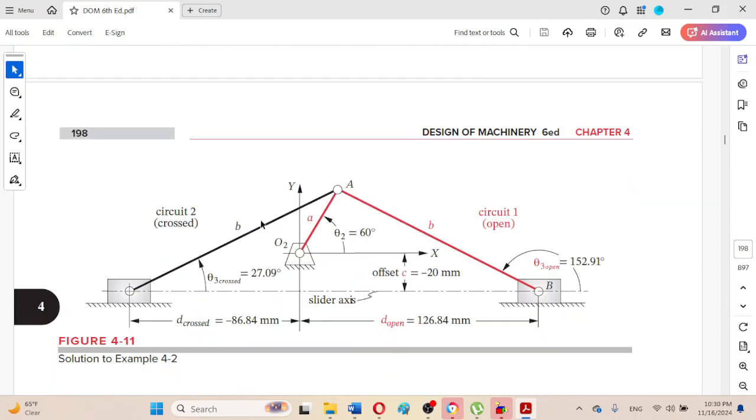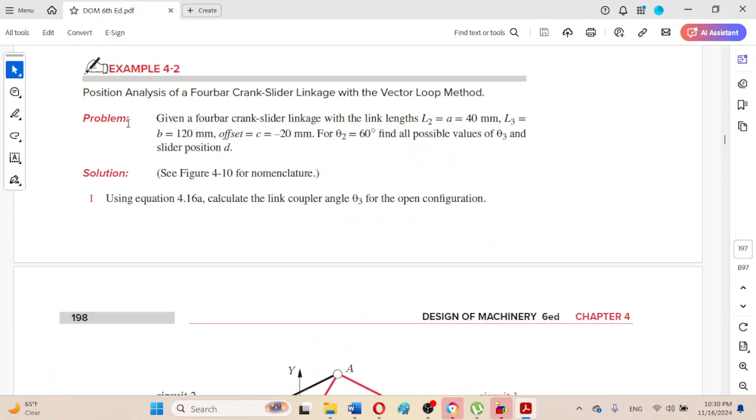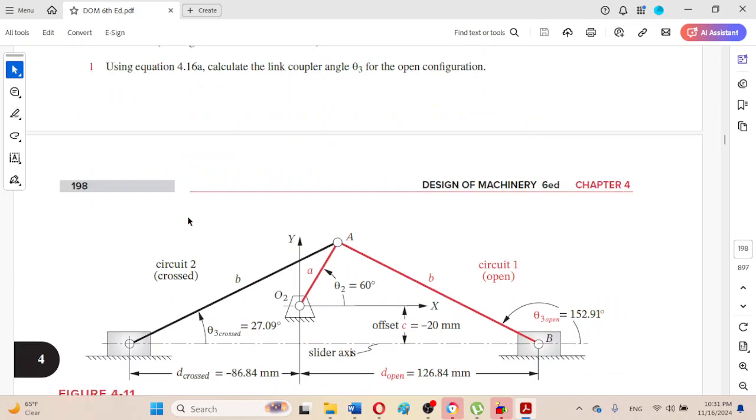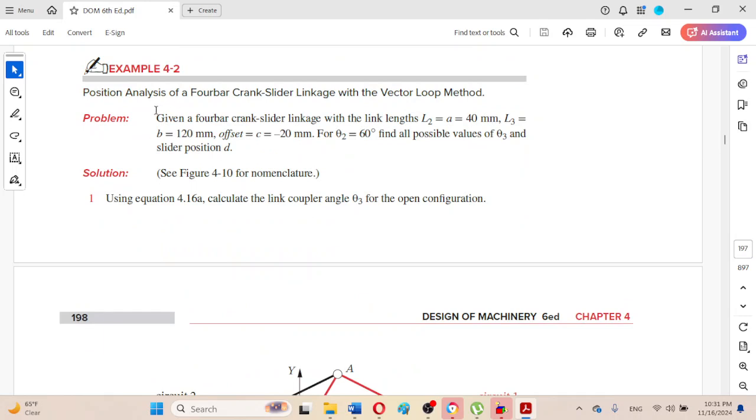Position analysis is given in chapter number 4 in example 4-2, but the same example is repeated in chapter number 6, which I will later be showing in this video. That example actually requires the velocity analysis.